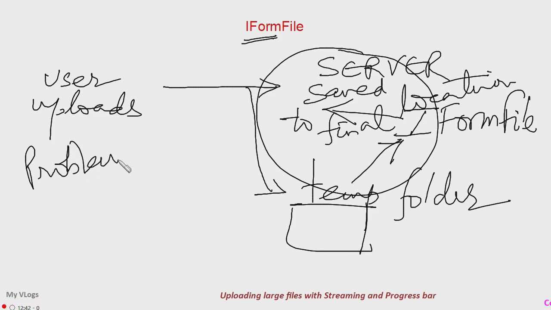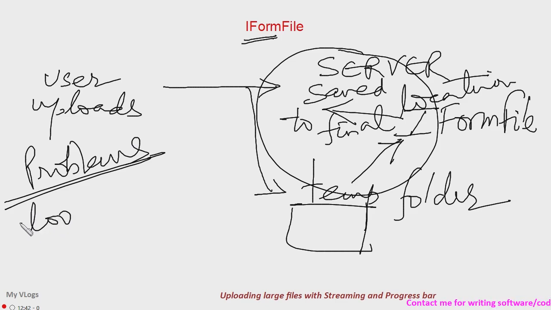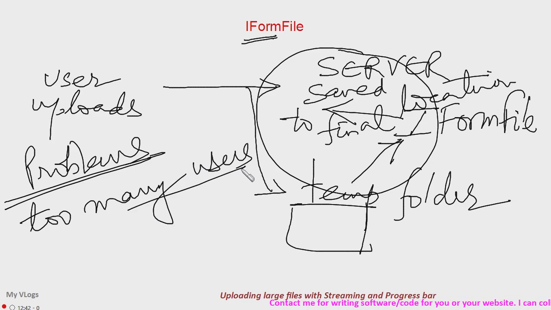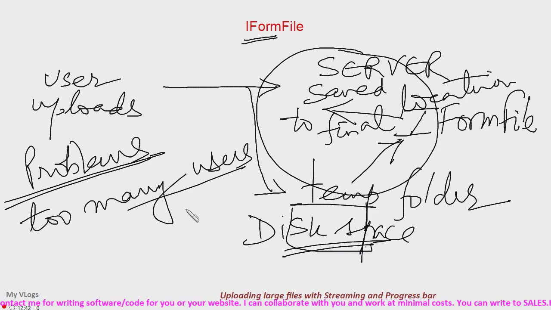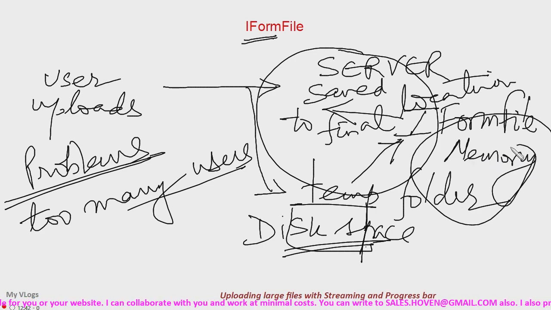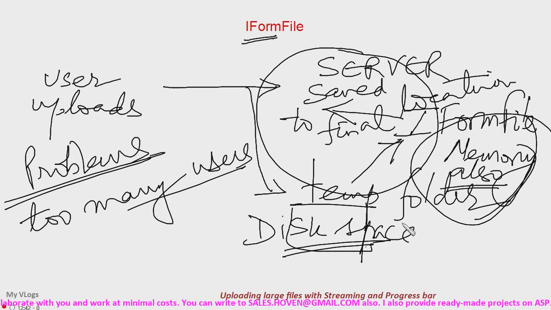There are problems with this. One problem is that if there are too many concurrent users, then we are likely to face a disk space problem for, let us say, a 1 GB file or so. We will also have problems of memory because we are using the temp folder for storing files.